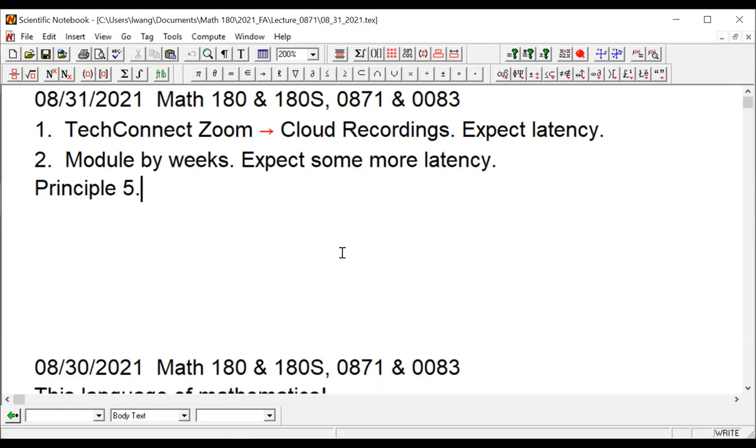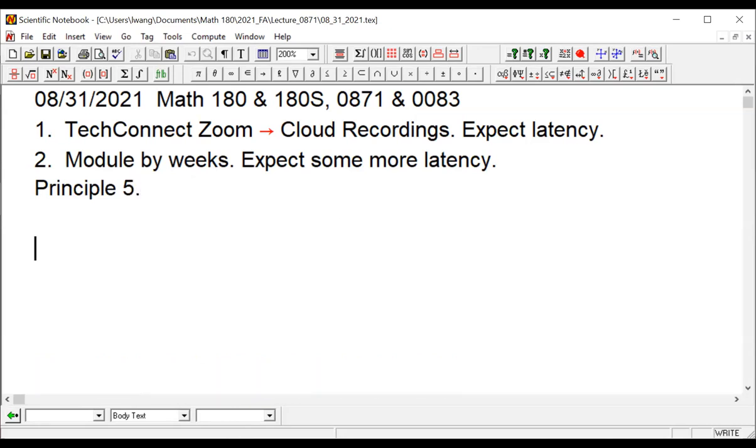Principle number 5. What is principle number 5 in your notes? Go to the first page. Look for number 5. Number 5 says.